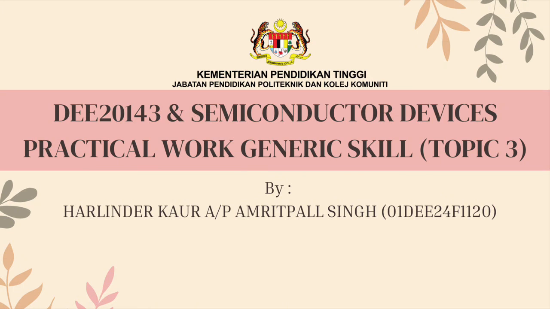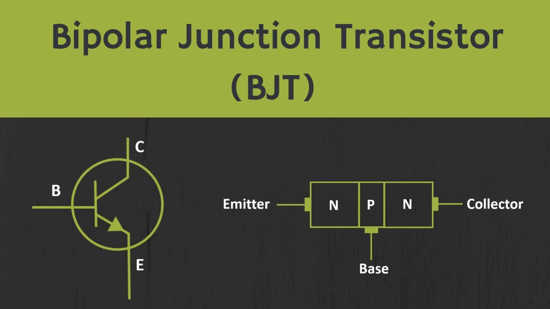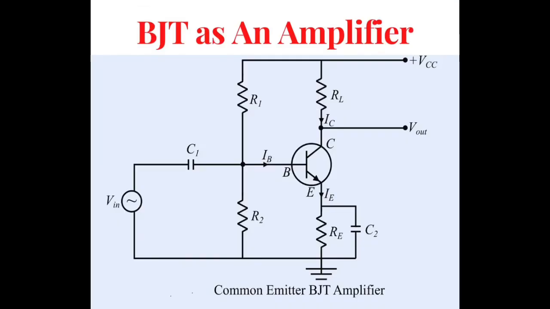01DEE24F1120. So today we will be talking about bipolar junction transistors, which are also known as BJTs. Firstly, I would like to introduce you to the bipolar junction transistor. A bipolar junction transistor is a three-layer semiconductor device that plays a critical role in electronics as both an amplifier and a switch.